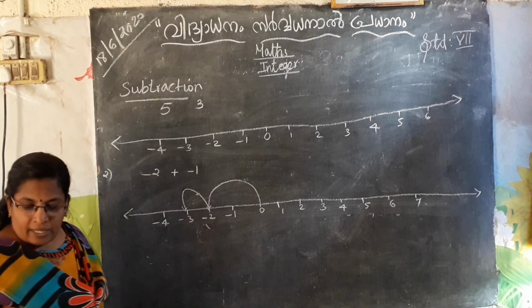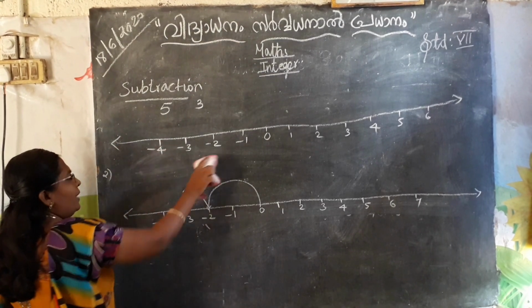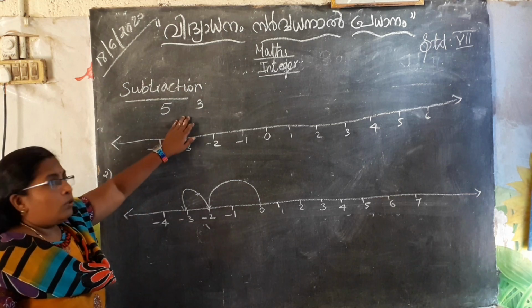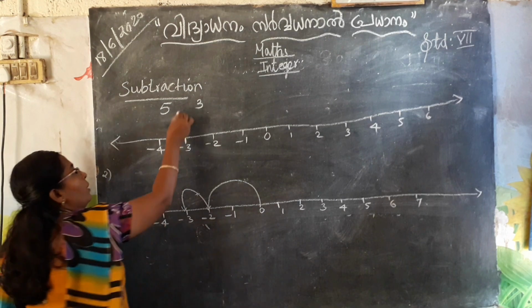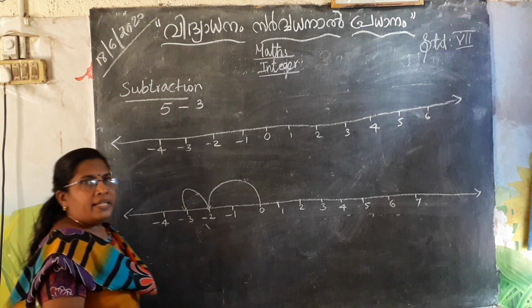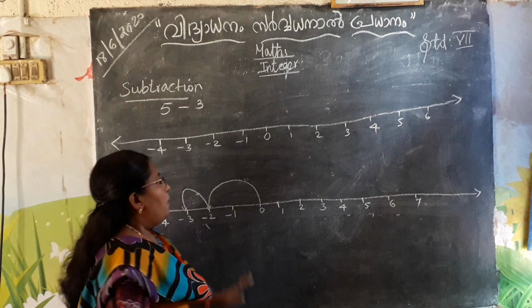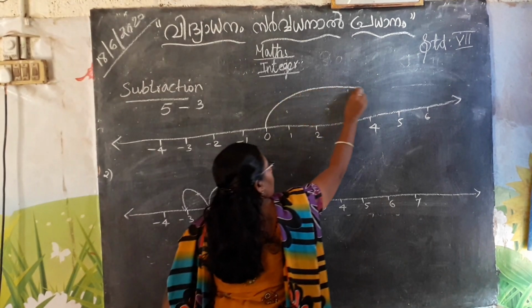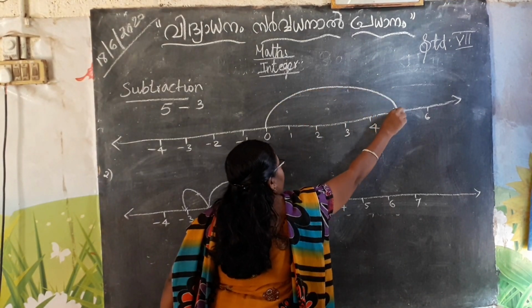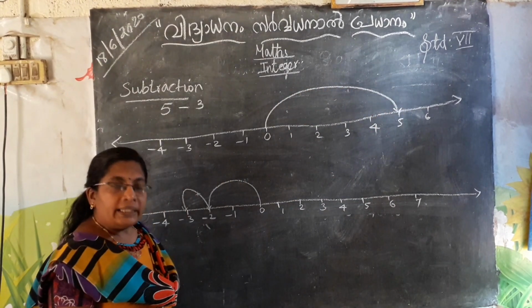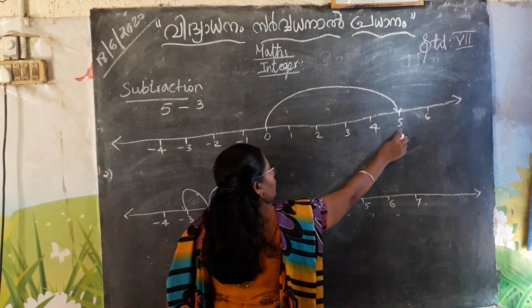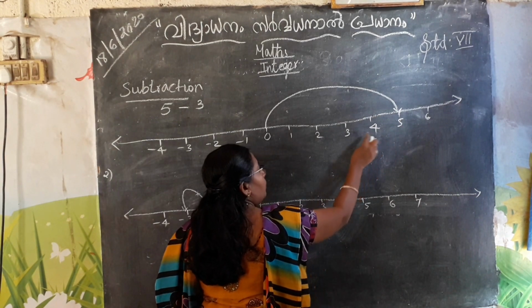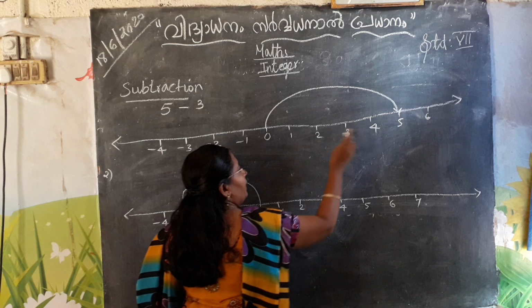This is the number line. And see again, what do we want to do? We should subtract 5 minus 3. First take 5, 0 to 5. Then reduce 3: 0, 1, 2, 3.